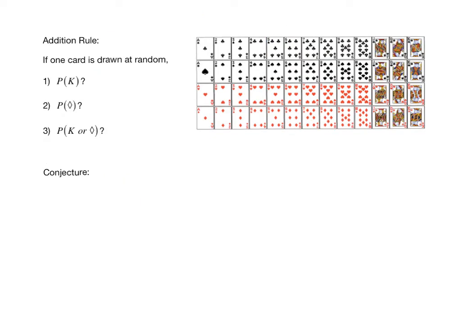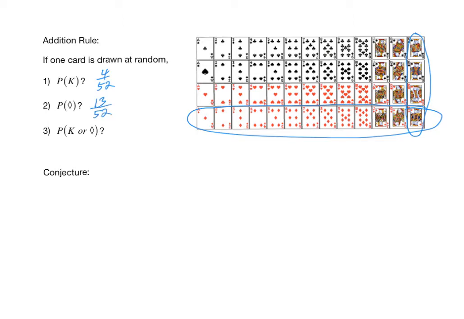If one card is drawn at random, what's the probability of getting a king? Well, we actually just did that, but let's go through it again. There's a 4 in 52 chance of getting a king. Then if you drew one card from the entire deck at random, what's the probability now of getting a diamond? Well, in that case, there are 13 desired cards out of 52. So there's a 13 in 52 chance that you would get a diamond.